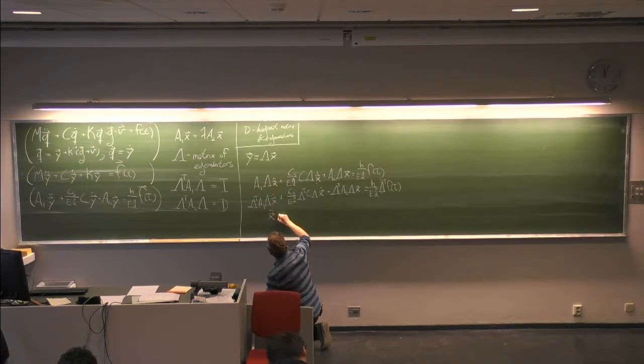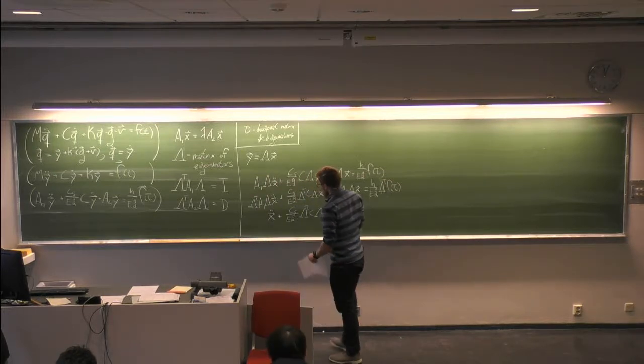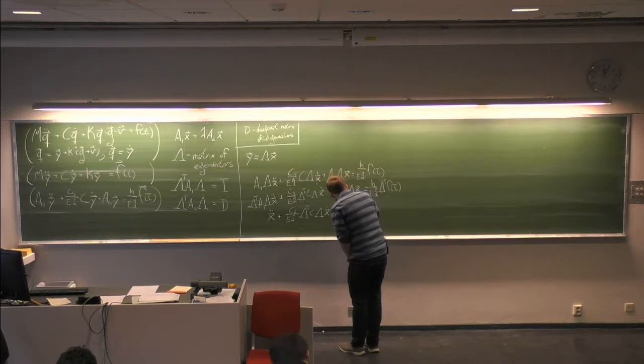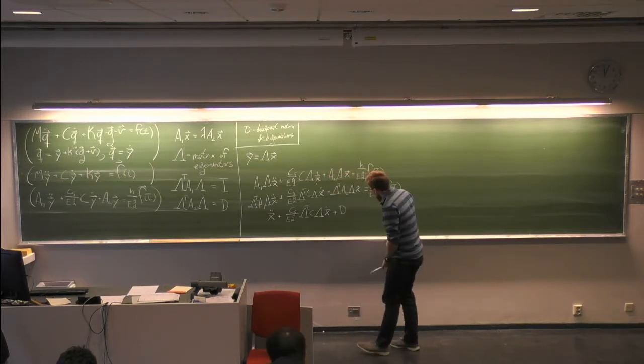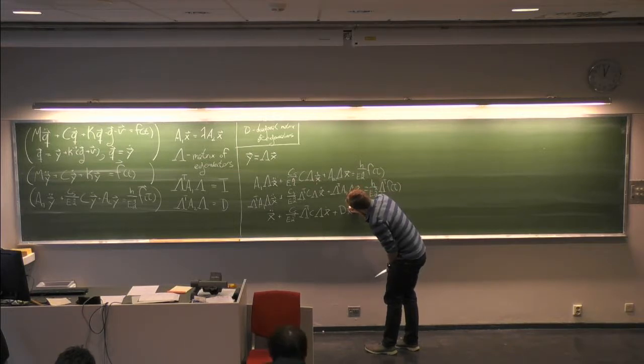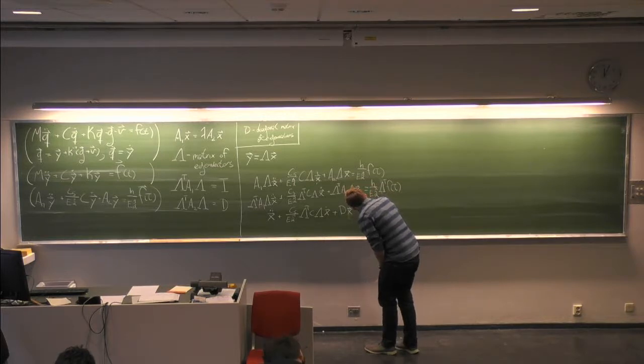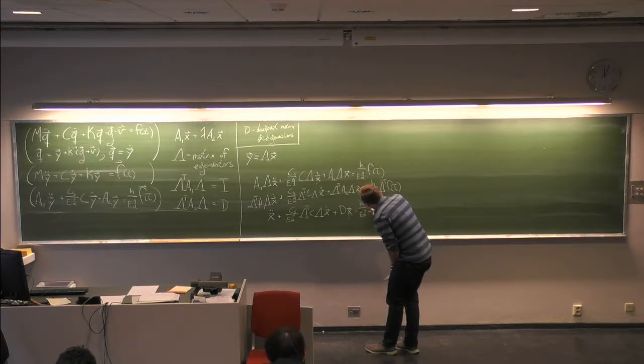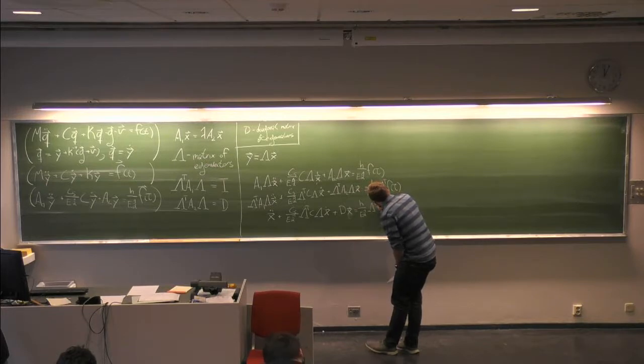Now we get x double dot plus s over E A Lambda transpose C Lambda x dot plus the diagonal matrix times x equals h over E A hat Lambda transpose f of tau.